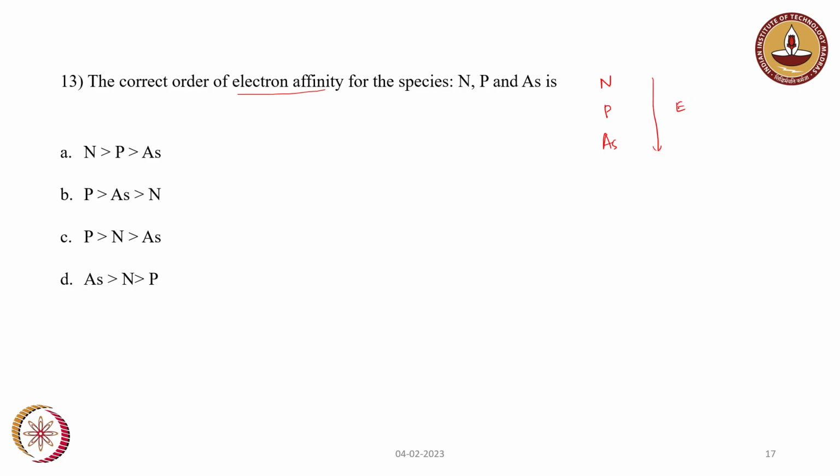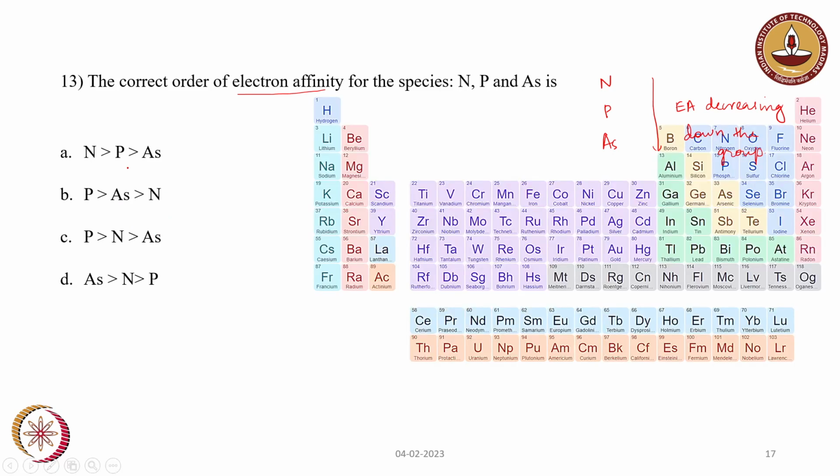So electron affinity will be decreasing down the group. So the option will be option A, with nitrogen having higher electron affinity than phosphorus, than arsenic.